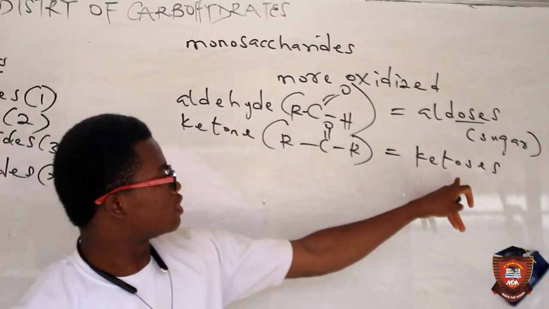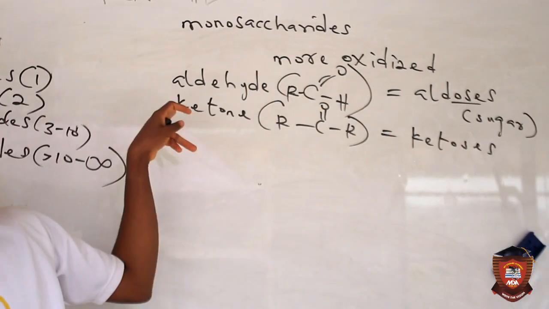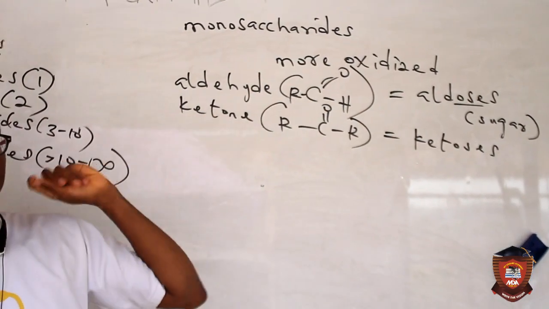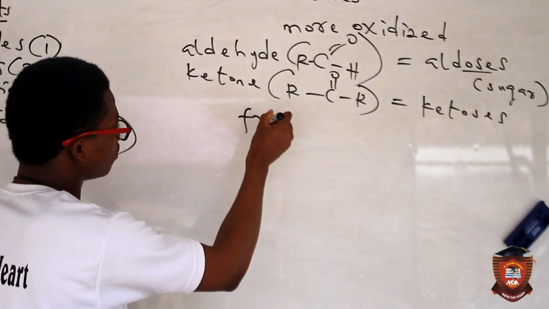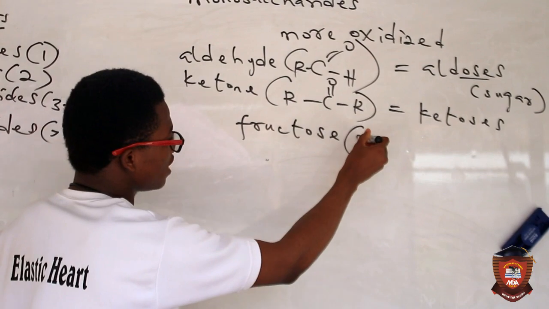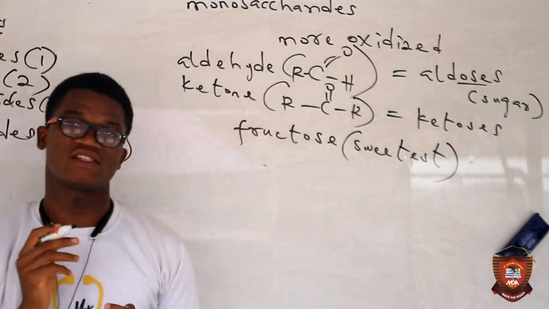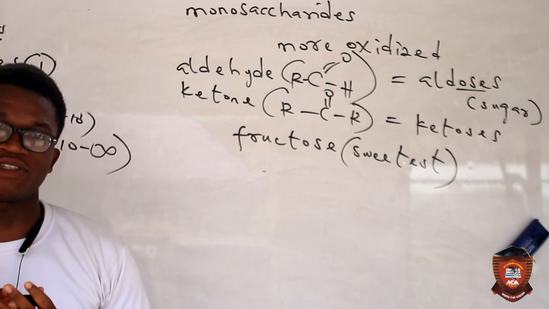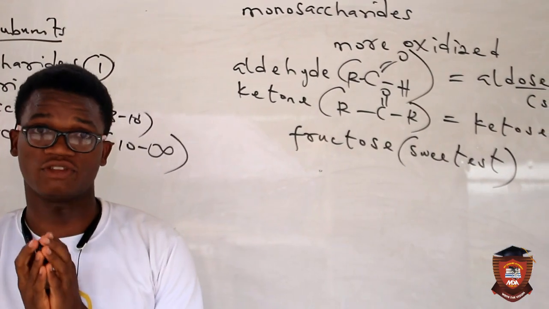The "ose" there, as we already know, means sugar, and the keto means that it has a ketone functional group. The most perfect example is fructose. And fructose is the sweetest sugar. Fructose is the sweetest of all sugars. It is present in honey, and it has its own biological importance, but we'll dwell on the chemistry for now.